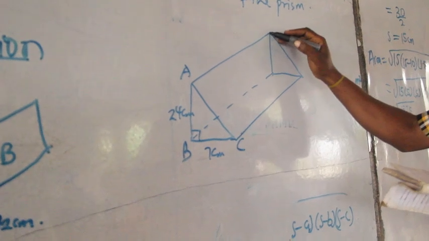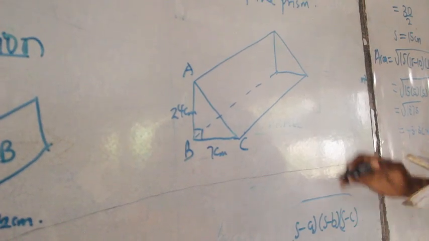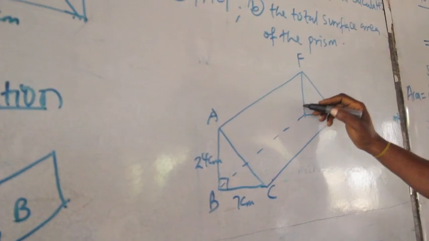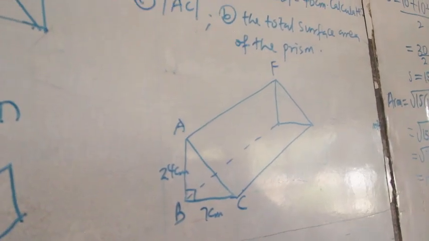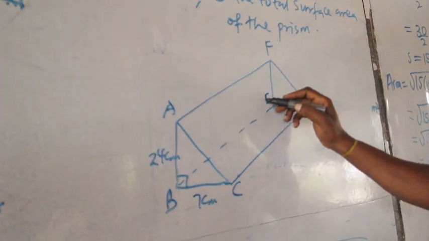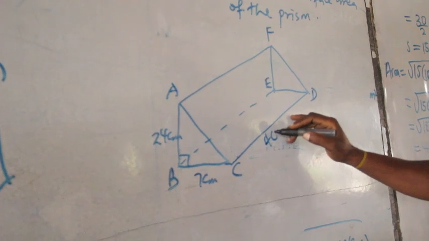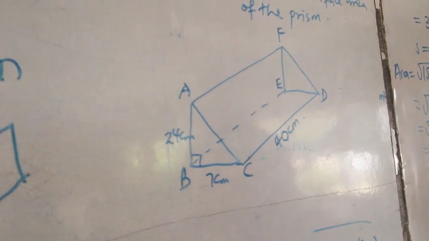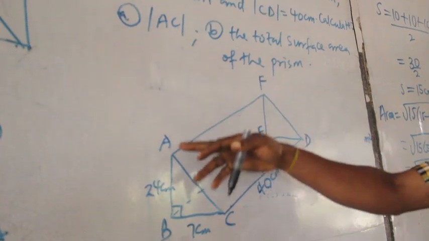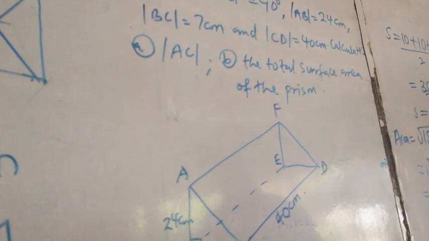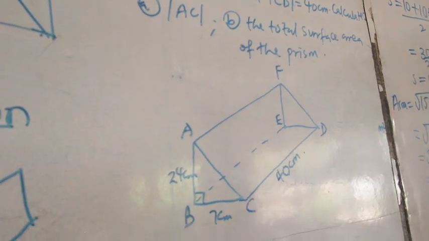This is the diagram. So this is F, E, D, and the length is 40 centimeter. So this is the diagram. You are asked to find AC, and also find the total surface area of the prism. Good day.